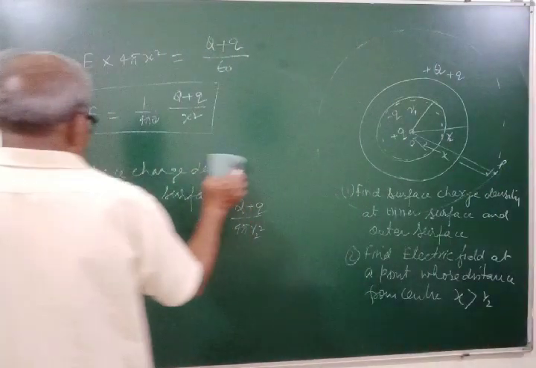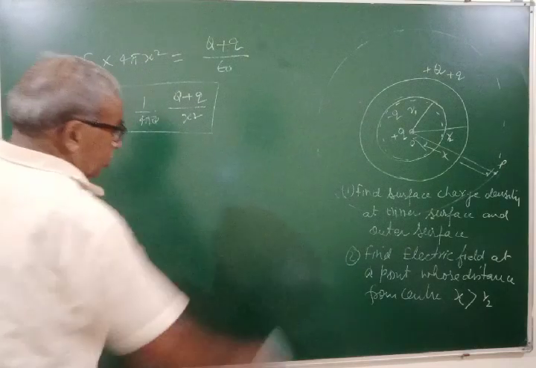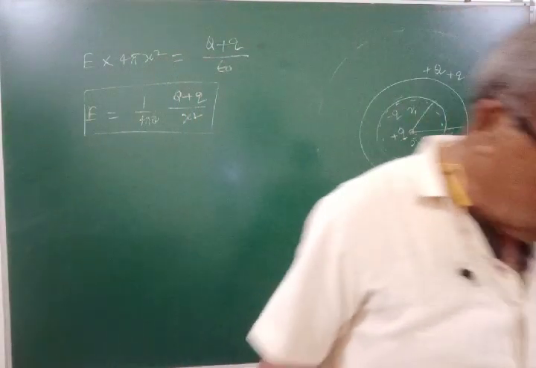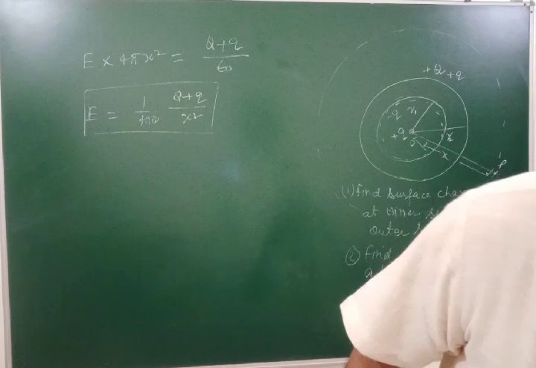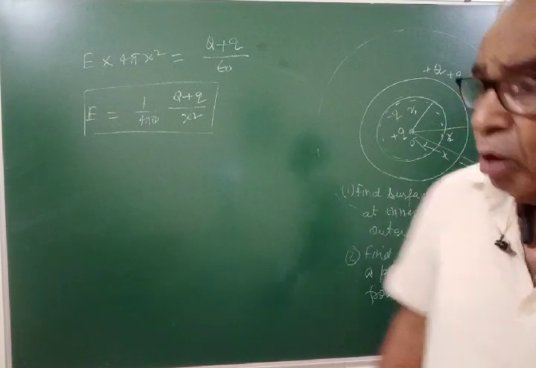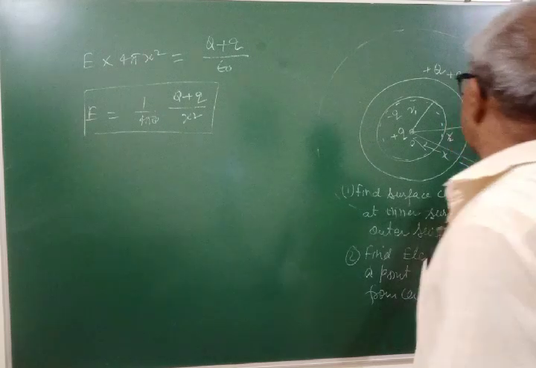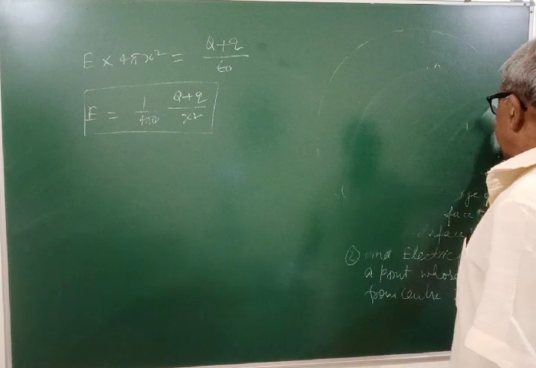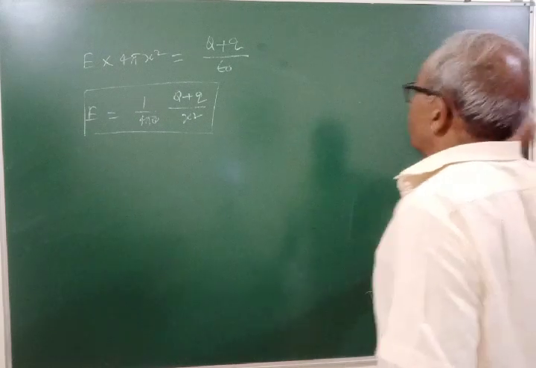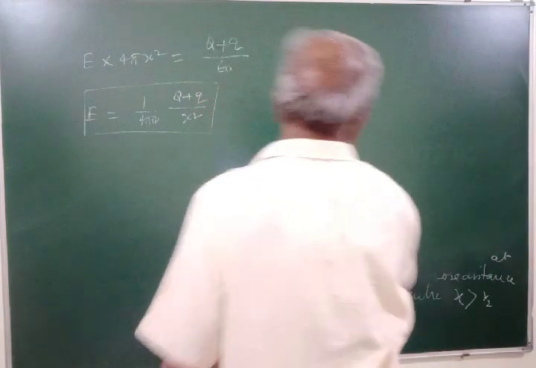I have seen while checking copies that most of the students could not attempt this question, while it was a simple question. Now there is another similar question, question number 2.